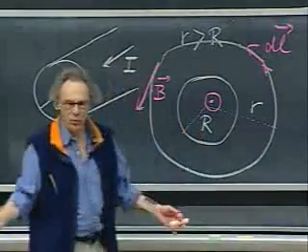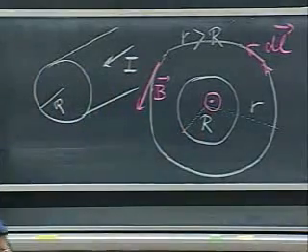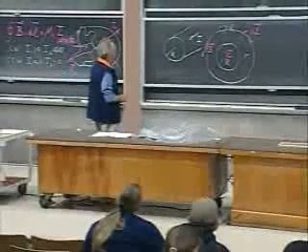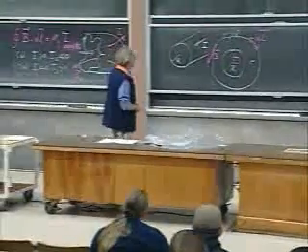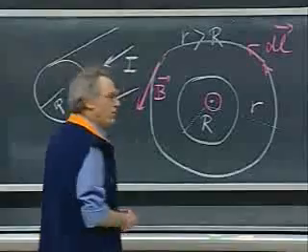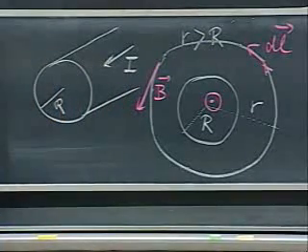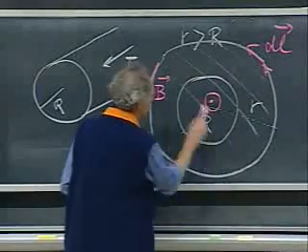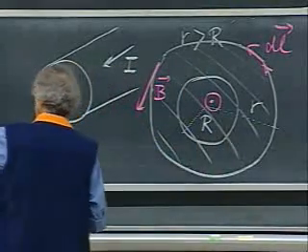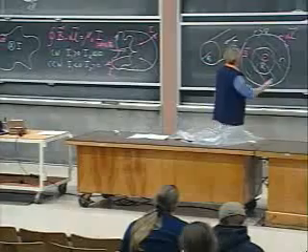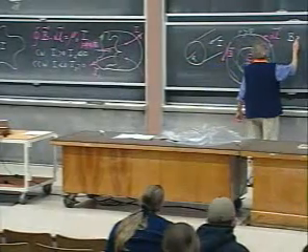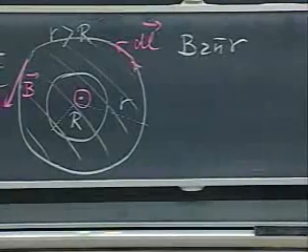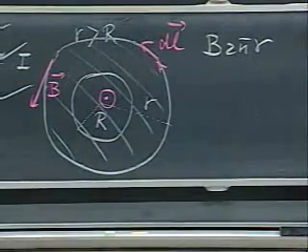I don't have to do that. I could march the other way around, but if I march counterclockwise, then both terms left and right of Ampere's law will be positive. I now have to attach an open surface to my path. Well, the blackboard will be that open surface. And so now I apply Ampere's law. So I get B times 2 pi little r, because dl and B are in the same direction, so it's a trivial integral.